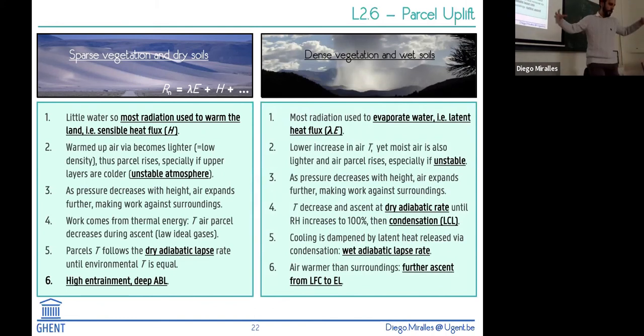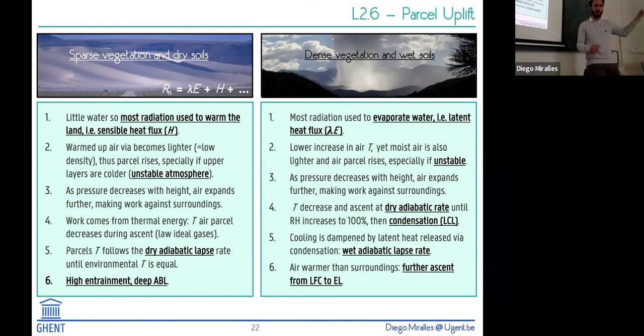So the net radiation is preferentially used to evaporate water, most likely through transpiration. You're moistening the air and warming it, because you still have some sensible heat flux, like 20-30% of the net radiation, so you're reducing the density. You reduce the density of air more by warming it than by moistening.